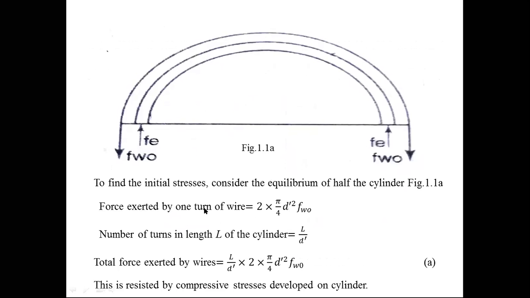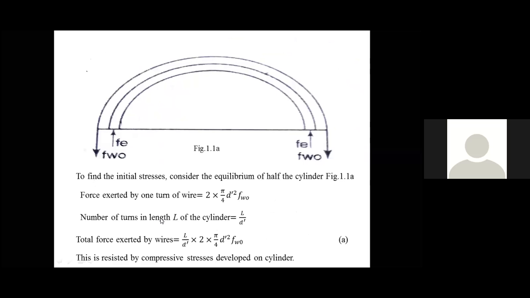So force exerted by one turn of wire is given by area into stress, 2 times pi by 4 d dash whole square, it's the area multiplied by the stress in that wire, gives the force. So number of turns in a length will be determined by L by d dash. Now this will give the number of turns.